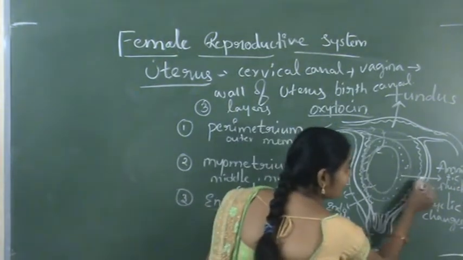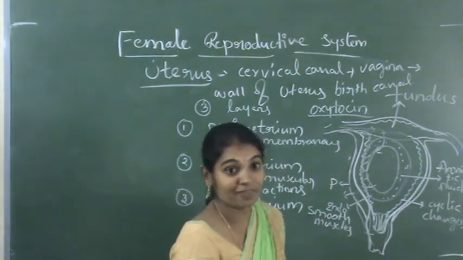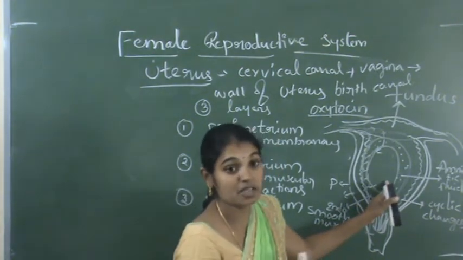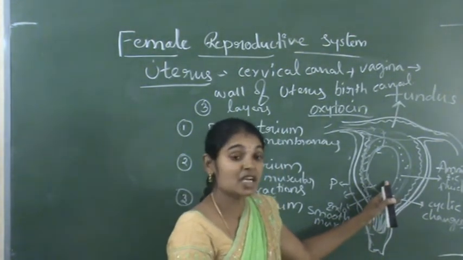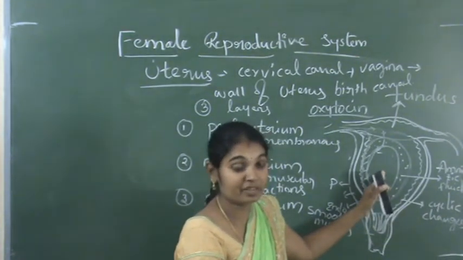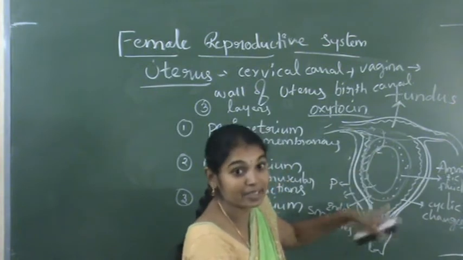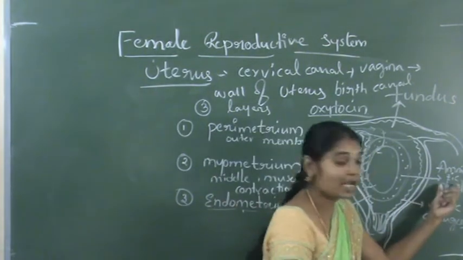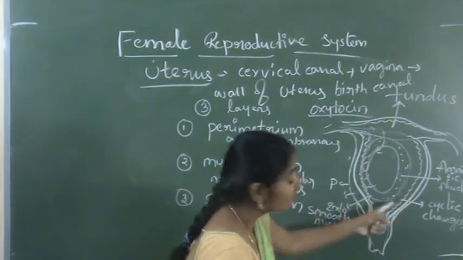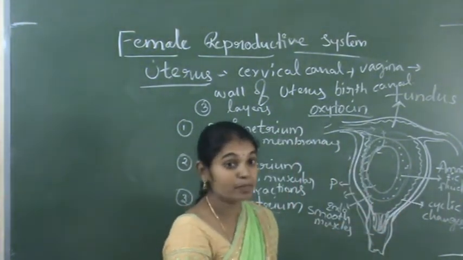By collecting this amniotic fluid, we can identify any genetic disorders that are present, or the sex of the fetus, whether it is male or female. That can be detected by observing this amniotic fluid, which is present around the fetus and protects it.